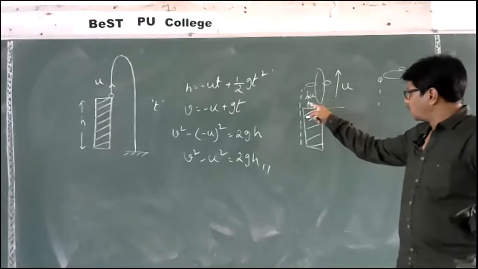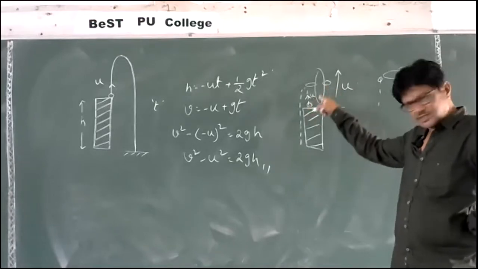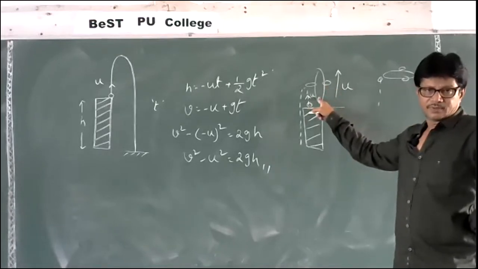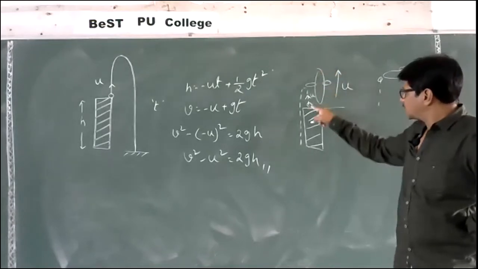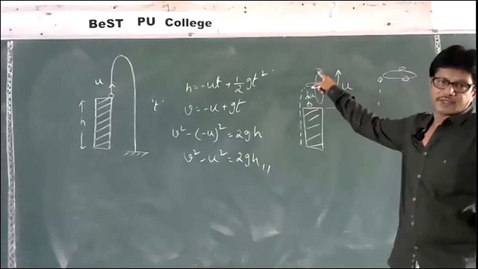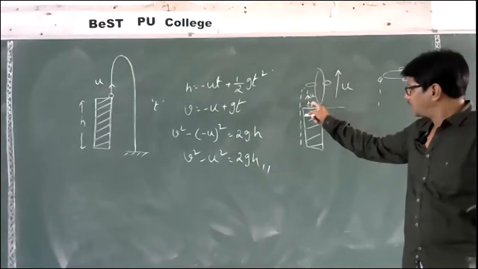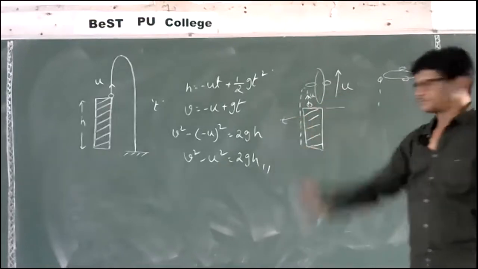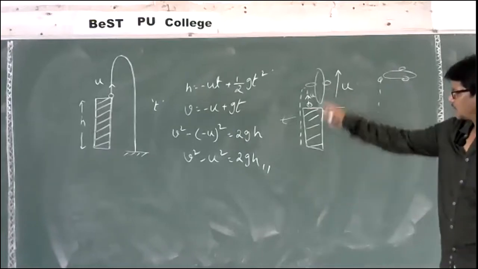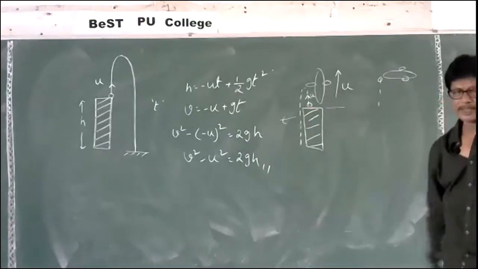Because before dropping, this body is inside the aeroplane only. So with whatever velocity the aeroplane is moving, with the same velocity this body is also moving. That's why the initial velocity of the body is the same as the velocity of the aeroplane. You draw this diagram, you note down those formulas.